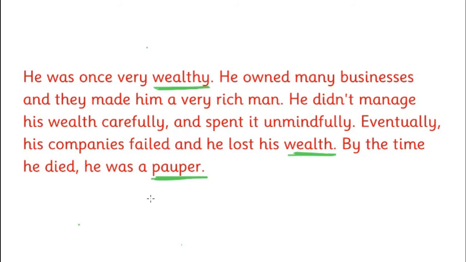What does wealthy mean? He owned many businesses and they made him a rich man. So maybe wealthy is to do with being rich. So from the context, we know that someone who is wealthy is a rich man. His companies failed and he lost his wealth. Okay, when your companies failed, you lose your money, you lose your wealth.